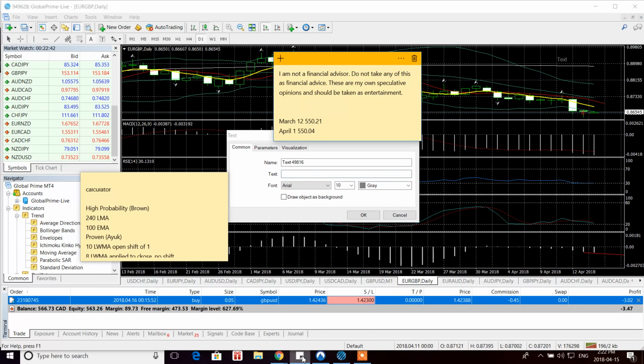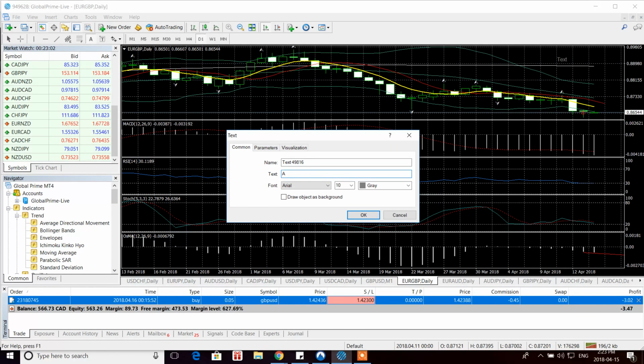So this would be, okay, so this is the AIC method. Says sell.